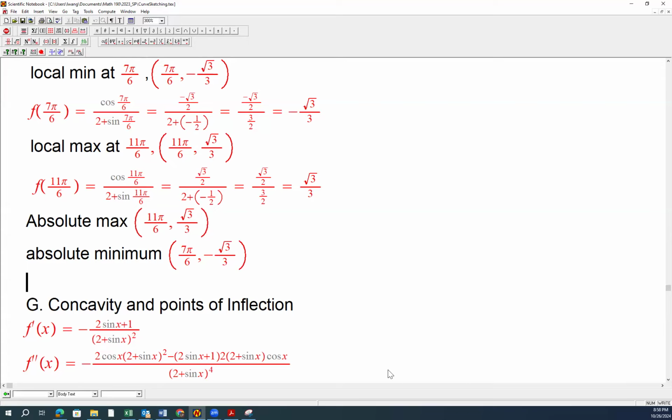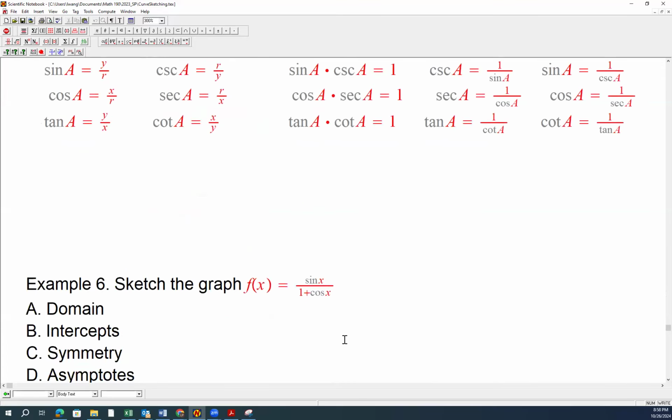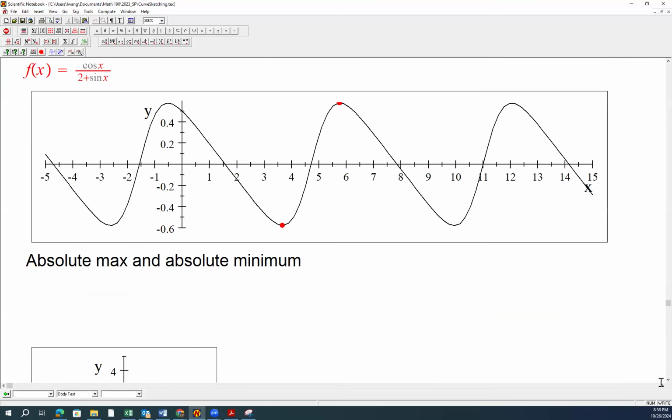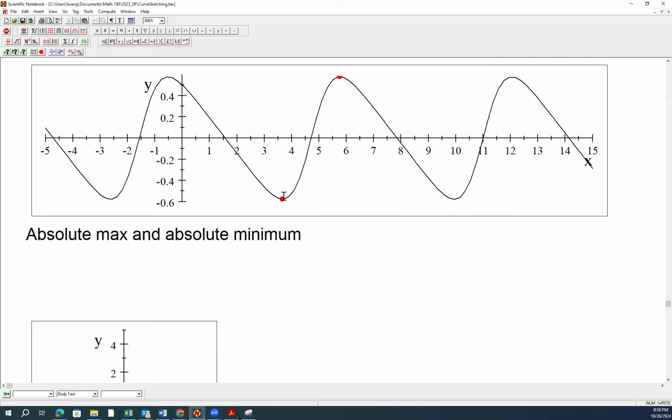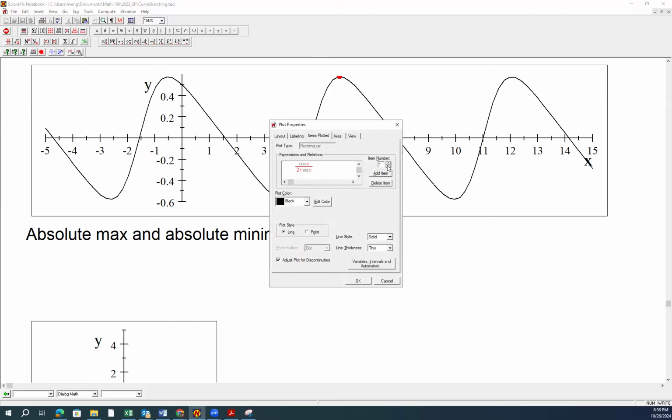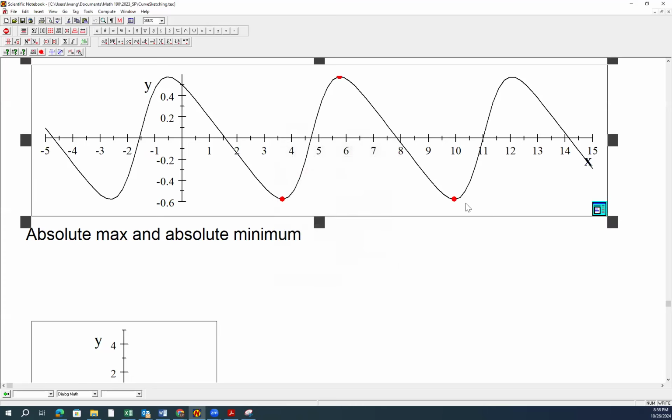So how many absolute max, absolute min do we have? From this local min to that place, how much is the difference? Well, the difference is 2 pi. So this is the local min, right? If I add 2 pi to this point, we're going to get another lowest point.